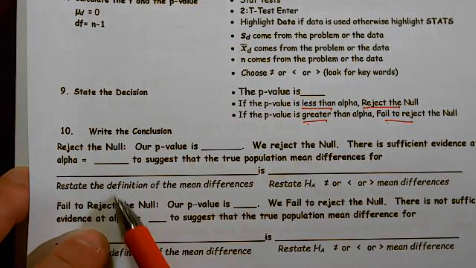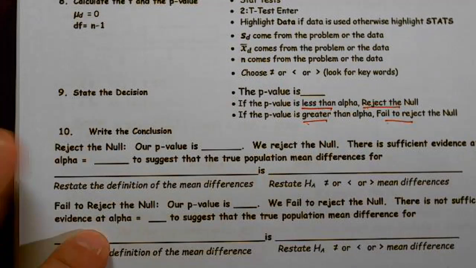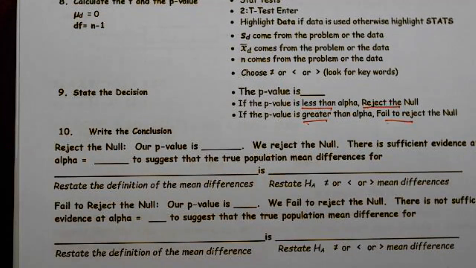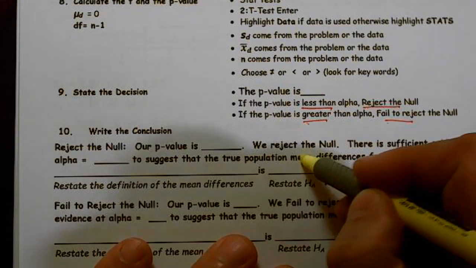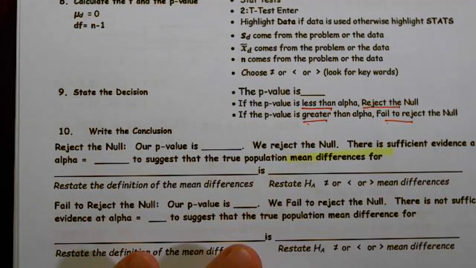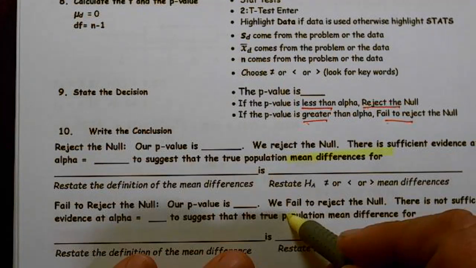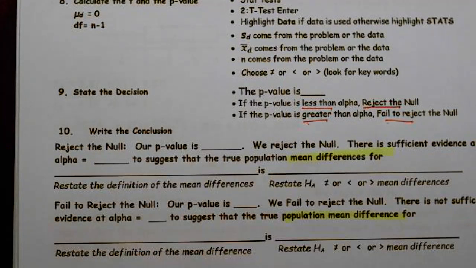And then we have our concluding statements, and they look very much the same. The only major difference here is the true population mean difference. All right, true population mean difference. That's where our big statement difference is. Otherwise, this is going to look very much the same.